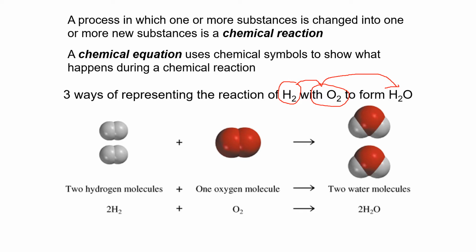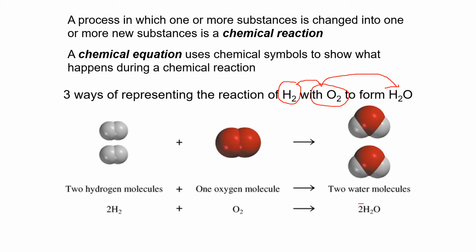And we can represent it in two other ways. We can represent it with words: two hydrogen molecules plus one oxygen molecule gives two water molecules. Or the equation itself: two H2 molecules plus one O2 molecule will produce two molecules of water.